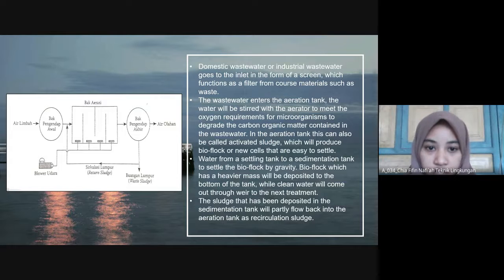Bioflok, which has a heavier mass, will be deposited at the bottom of the tank, while clean water will come out through the weir to the next treatment. The sludge that has been deposited in the sedimentation tank will partly flow back into the aeration tanks as circulation sludge.